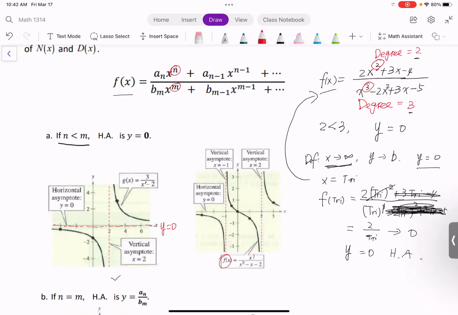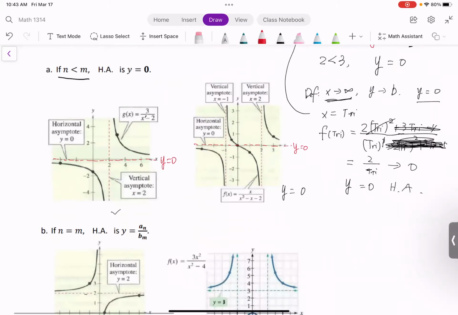The top degree is 1, the bottom degree is 2. That means we have horizontal asymptote 0. You can have a dash line represent y equals 0.